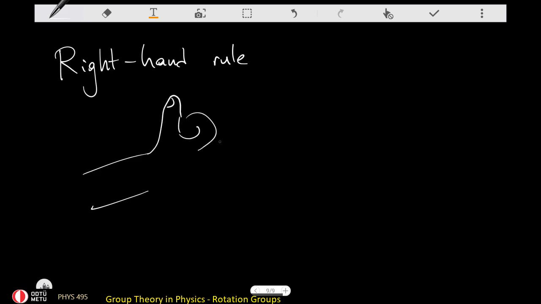That's not a nice picture, but doesn't matter. So if I am choosing my rotation axis like that, then the other four fingers show the positive direction for theta. You can think of it like this.